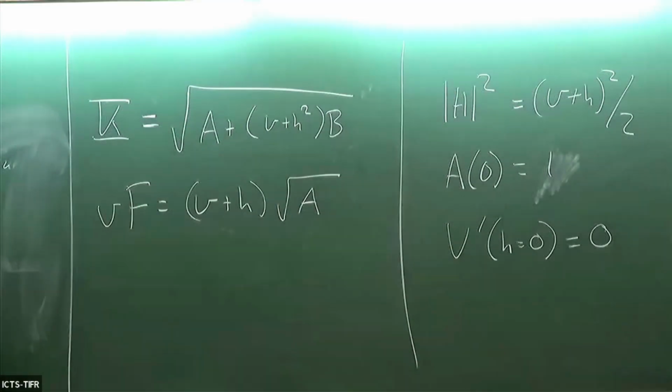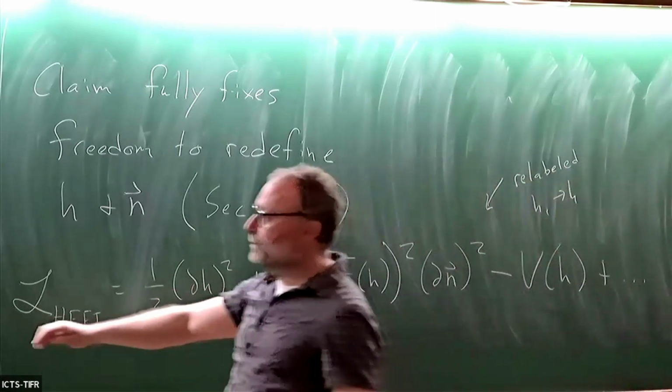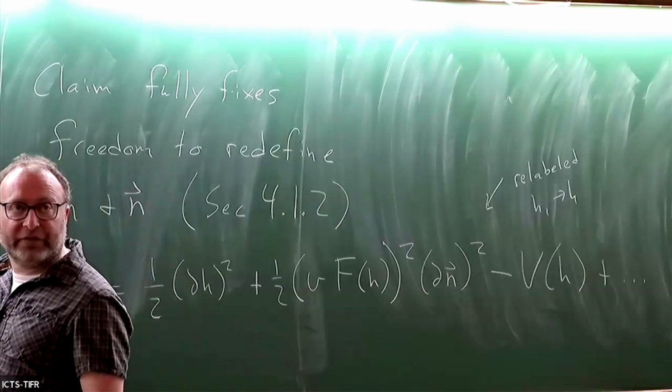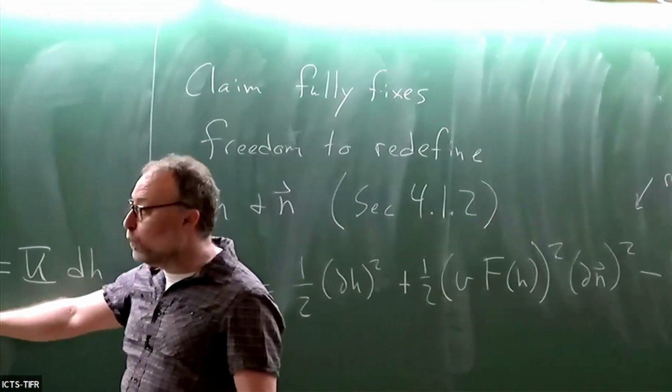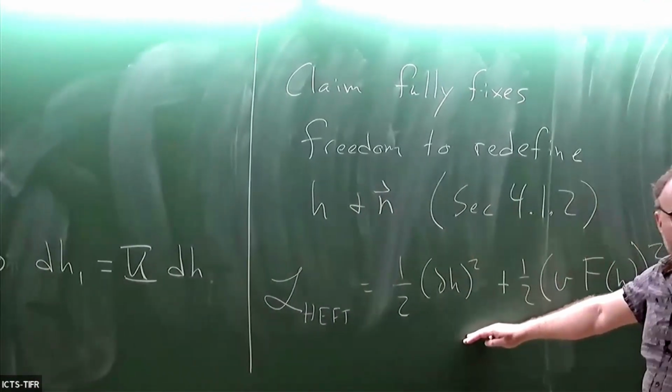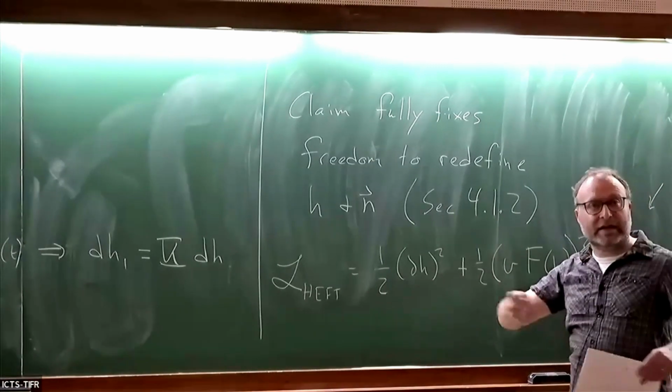I didn't write it here, but again, the claim, this one maybe I should have written up a little bit, but I'm just going to claim that there are two things about doing this field redefinition that are helpful. One is that it simplifies the Lagrangian a lot. The other is that it maintains this evenness and oddness.